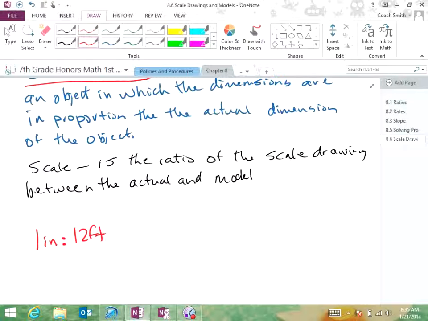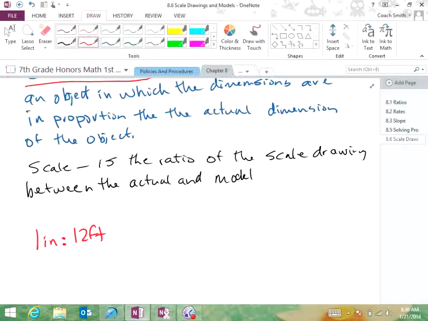Obviously, you can't make plans for a building the same size as the building. I mean, how hard would that be if they built this school and the plans to build this school were as big as this school? You can imagine having to roll out a piece of paper the size of this building to build the building.